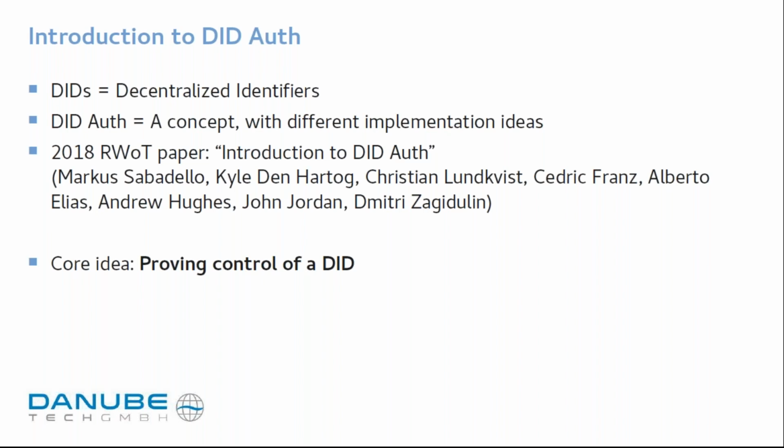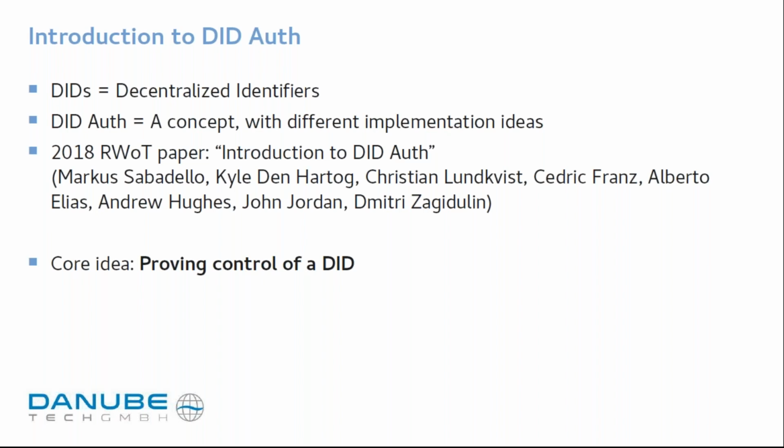Now, for the first time, we have the ability to generate identifiers without central authorities, without intermediaries. And maybe the most trivial or most immediate thing that you can possibly do with a DID is simply proving that you control a certain DID, and that's what we mean by DID Auth.